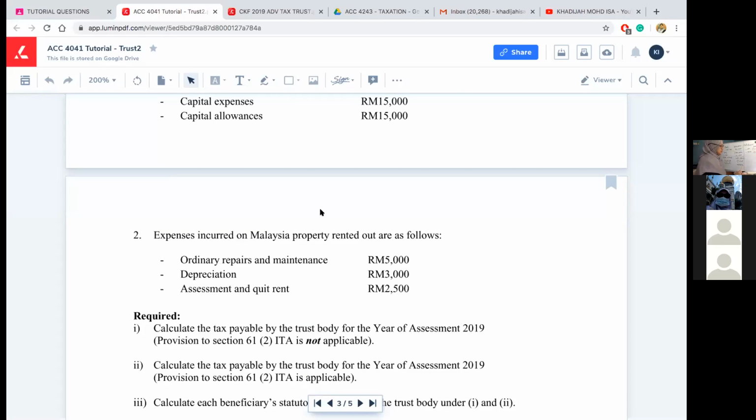So the expenses are small: 100,000 minus 5,000 minus 2,500. 70,000? That's not right, that's wrong. 100,000 minus 5,000, this needs a calculator, minus 2,500 is 92,500.